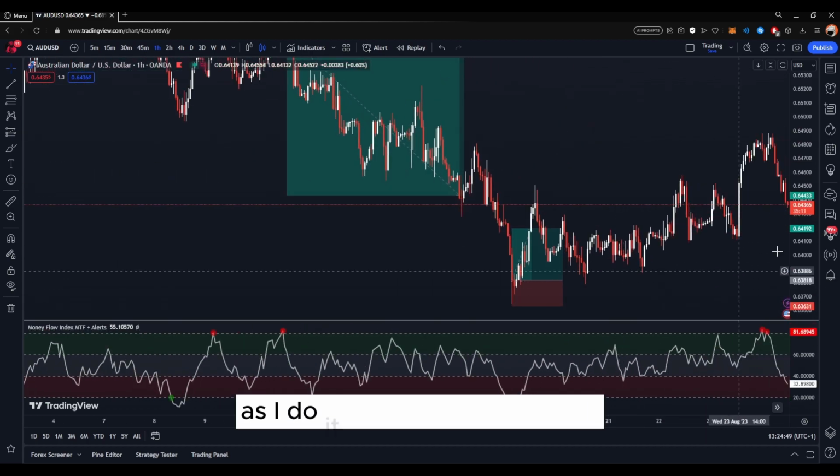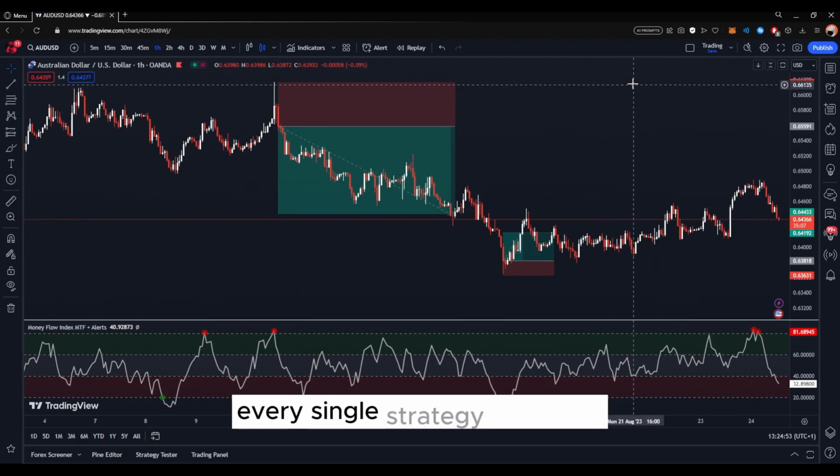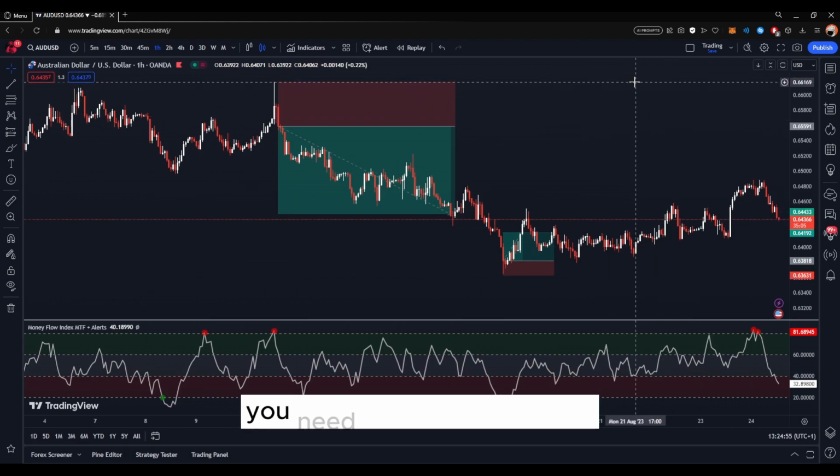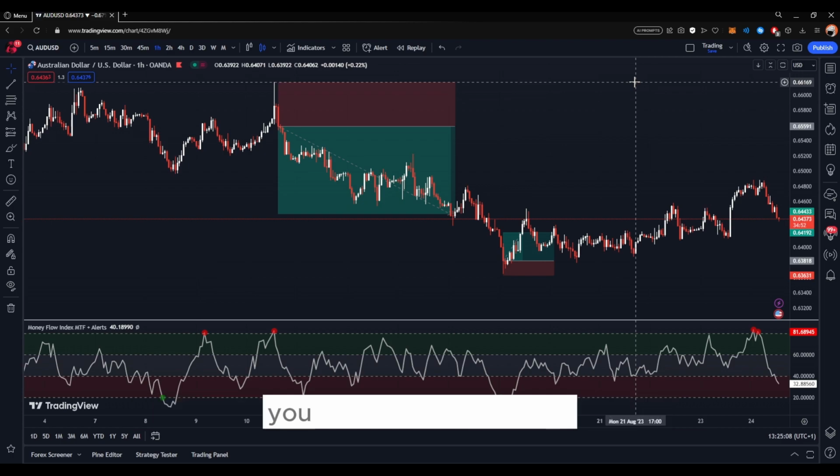As I do with every single indicator and every single strategy in trading, you need some confirmations, at least some. You cannot trade blindly just because the indicator says it's green or red. You can short or long, yeah, it's true, but you need some confirmation.